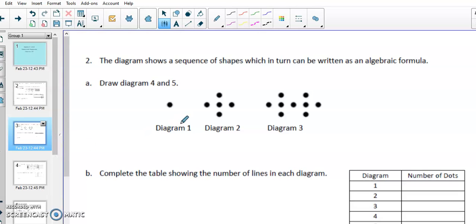This time we have dots. Okay, draw diagrams 4 and 5. I might just draw 4, and we'll see how this goes. So let's see, we start with 1, then I make it into this diamond, and then I add 3 more and a dot to the right. So let's see for 4. I need to start with what I have in 3.